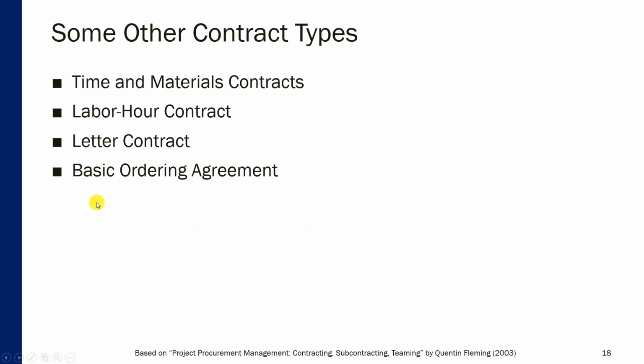For example, Warren Buffett has done a lot of transactions with a basic ordering agreement. He would just sit down with the business owner and write down a small document that outlines how they're going to work together. And then based on this document that is not really a legally binding contract, they will go ahead and transfer ownership of the company.